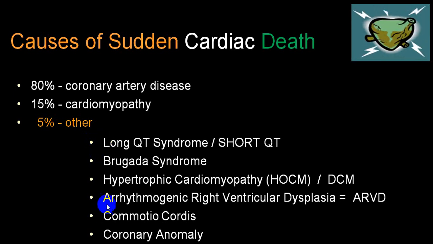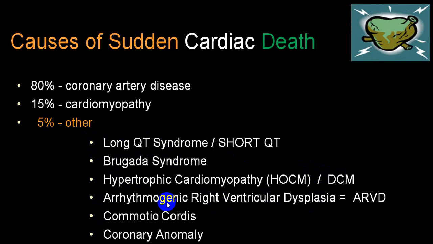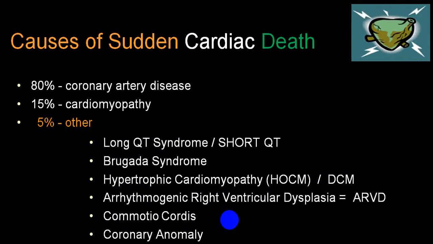Some are congenital, like long QT, short QT, Brugada, hypertrophic cardiomyopathy, dilated cardiomyopathy, ARVD. These upper four groups are congenital. Commotio cordis is because of injury to the chest, particularly in a football player. Again, coronary anomaly is congenital.